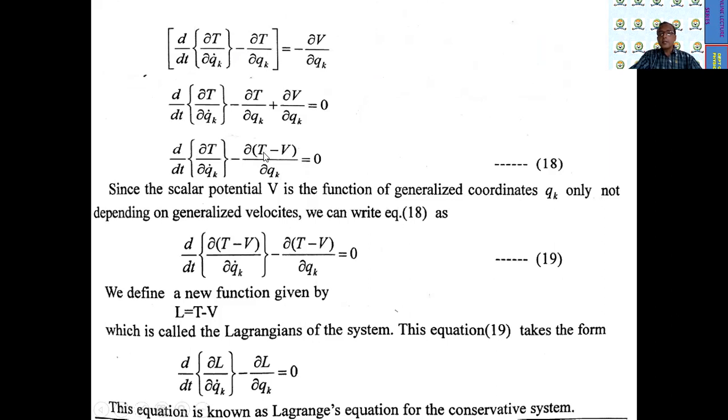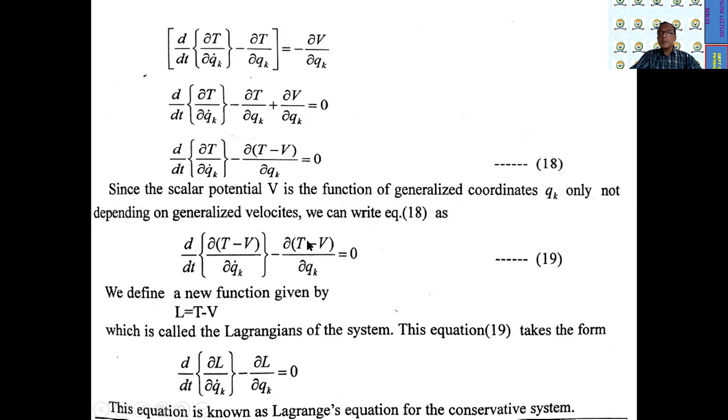This bracketed quantity is nothing but the difference of kinetic and potential energy, so I may put T minus V is equal to L. That means L is the Lagrangian function, and the Lagrangian function is the difference of kinetic and potential energy.